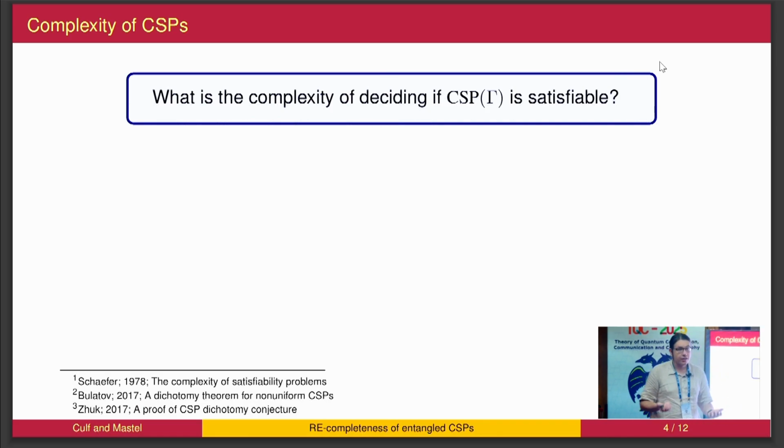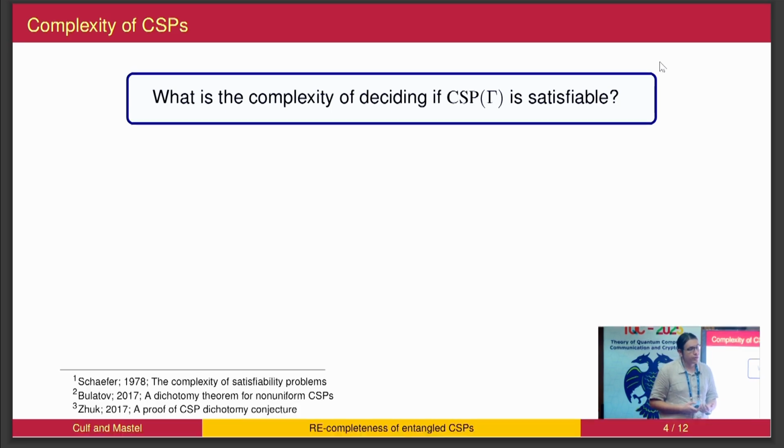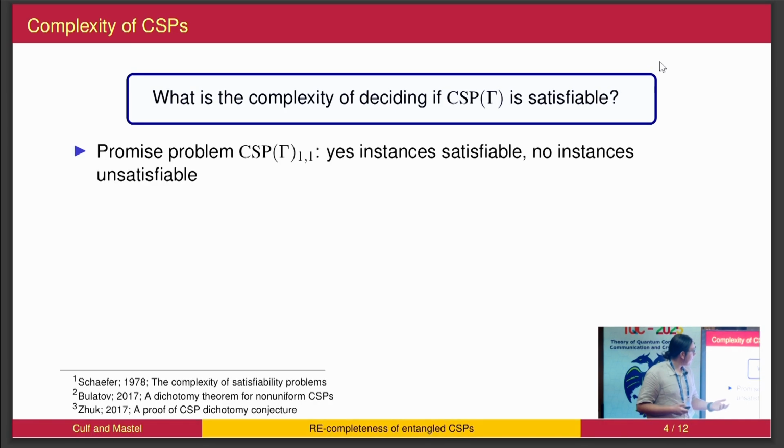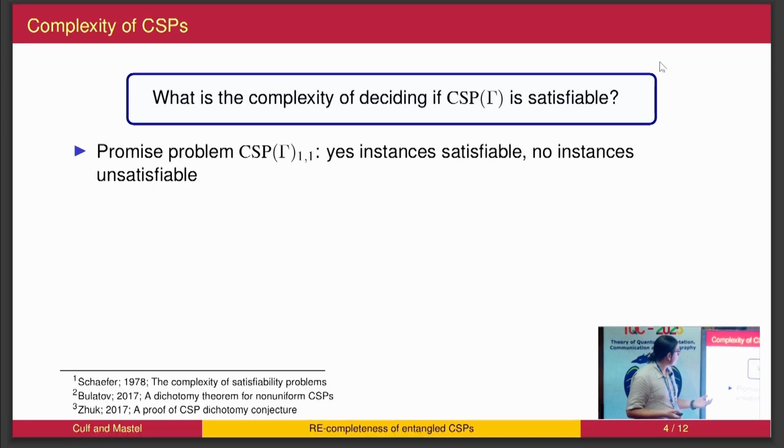As I alluded to earlier, the complexity-theoretic problem you can ask about a given CSP is the complexity of deciding if a constraint system in the CSP, so an instance of the CSP, is satisfiable. This is a very well understood problem.